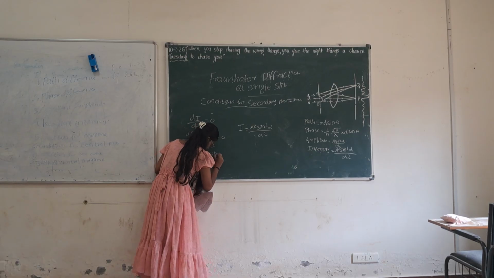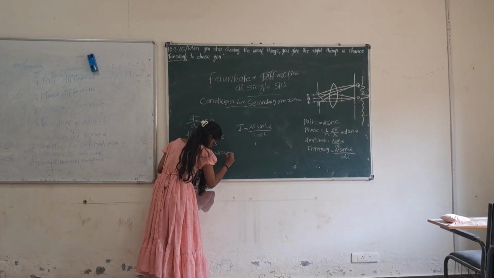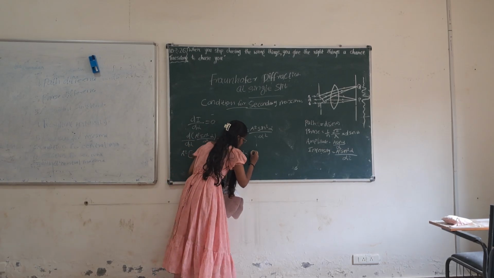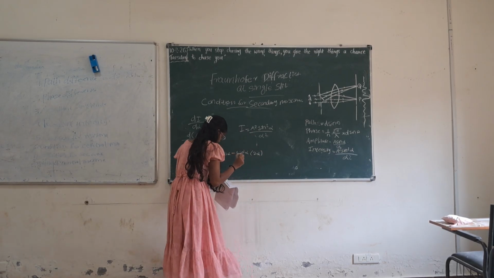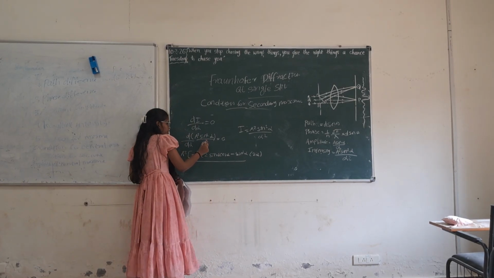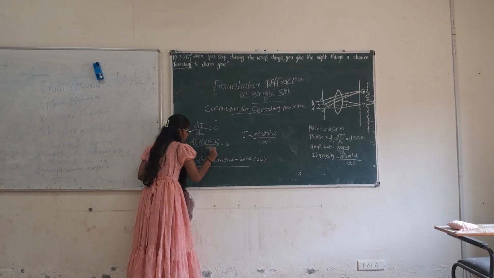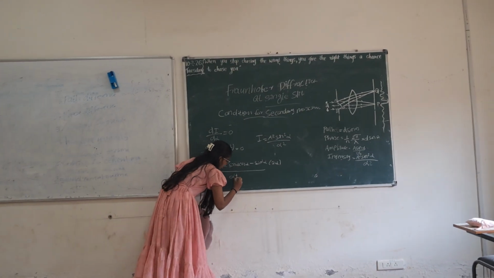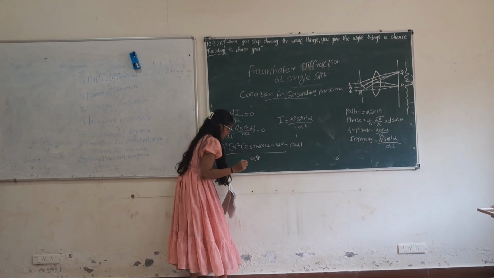So we get alpha square into 2 sin alpha cos alpha minus sin square alpha into 2 alpha, all divided by denominator square. Here the denominator is alpha square, so alpha raised to 4.